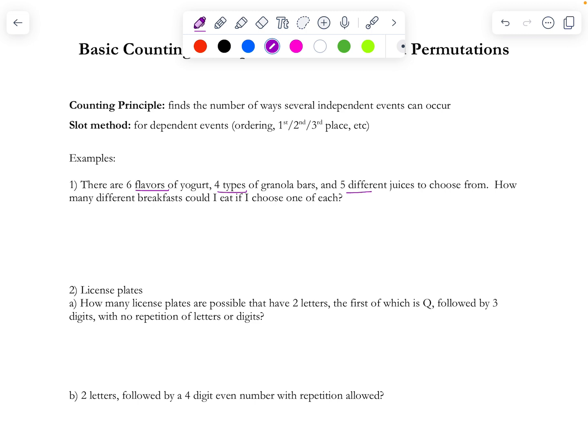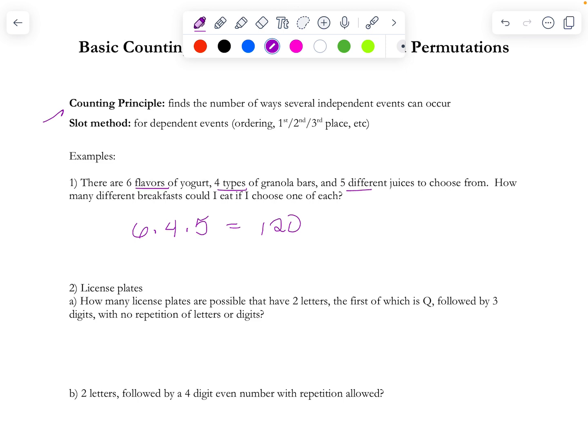So this is the counting principle, or the basic multiplication principle. All I have to do is multiply 6 times 4 times 5, and we can use our scientific calculator, or we can do it in our head. We have 120 different breakfasts that we could choose.